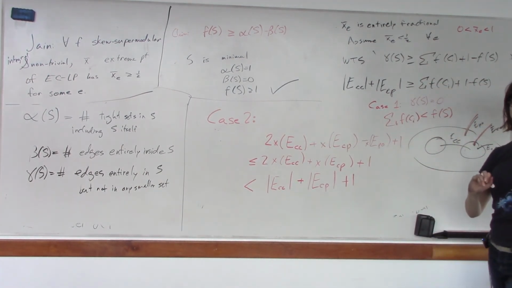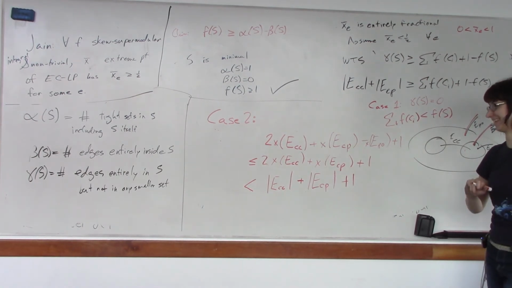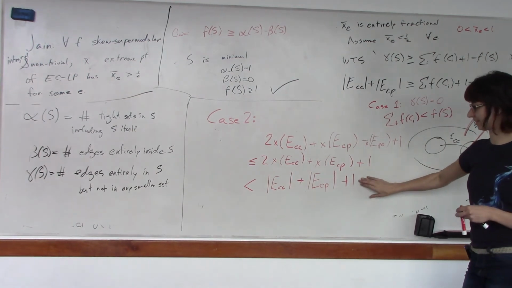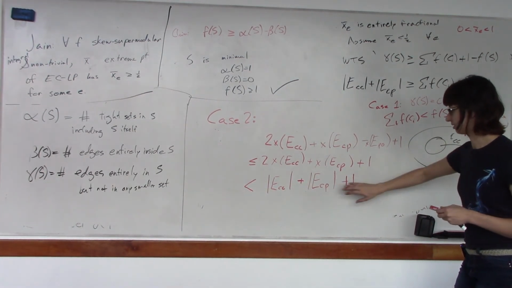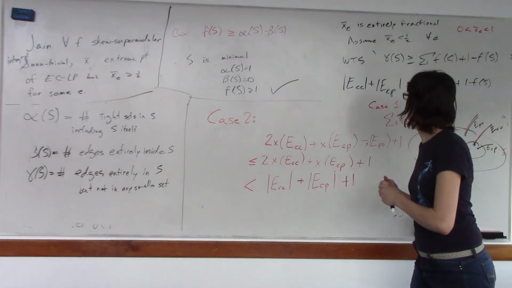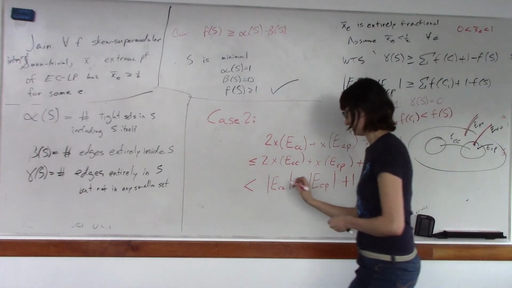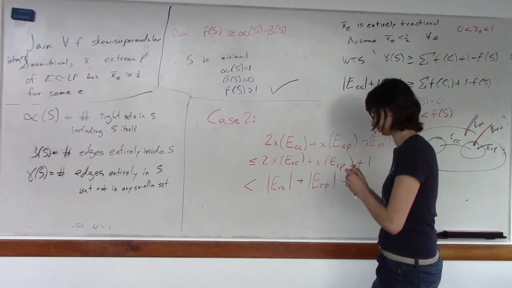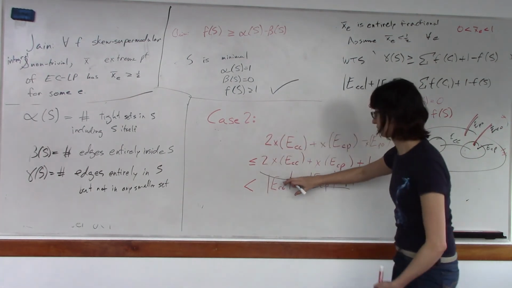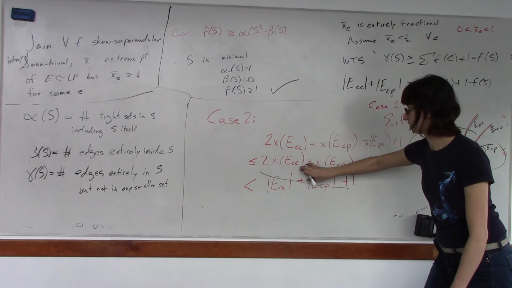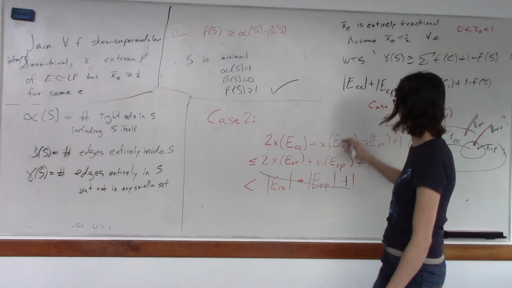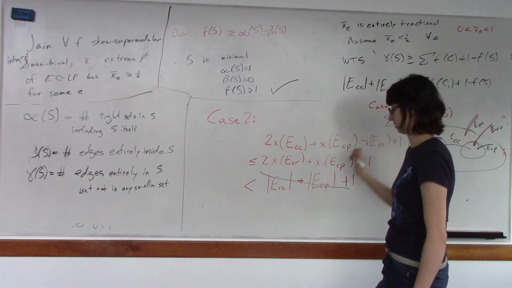It is really important. Oh, come on, it's just 1. But this is an integer, and since this guy is strictly less than this integer, I can replace this here with this. The reason I have strictly less is because one of these is non-zero, because gamma s is not 0.